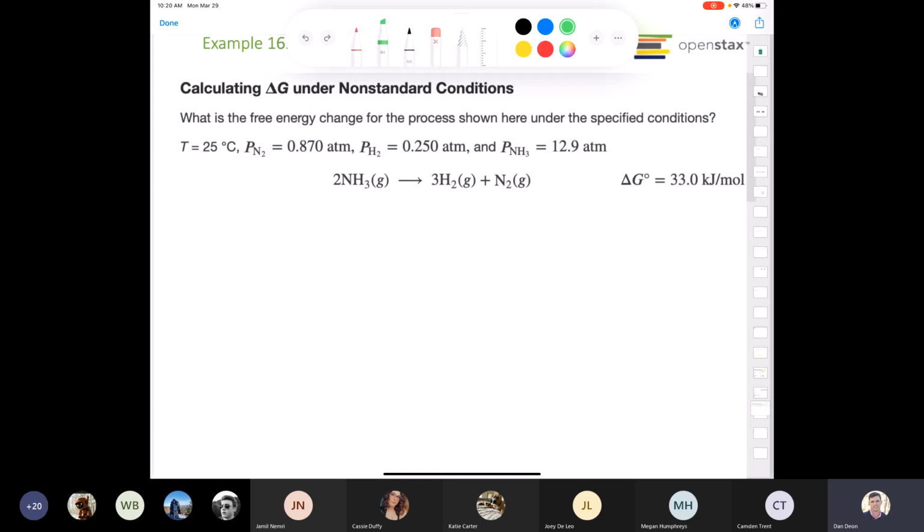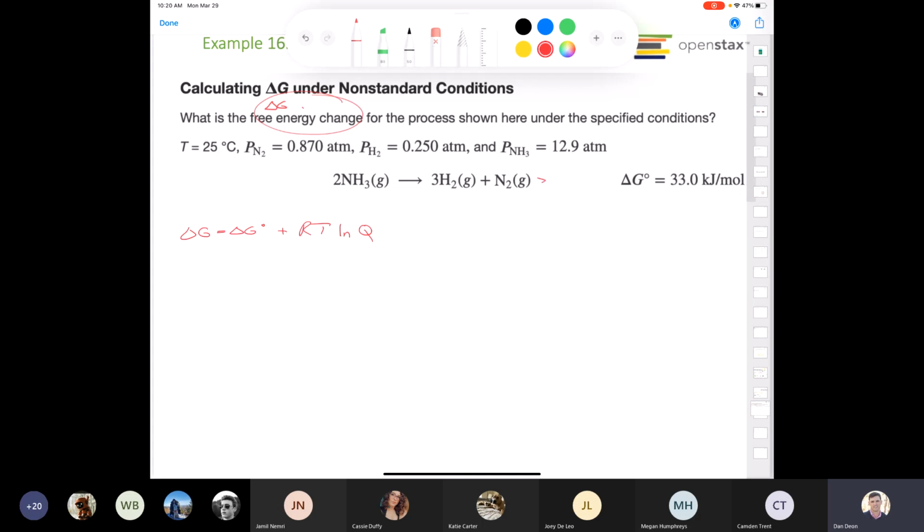All right, so let's take a look at a problem where we would apply this equation. Delta G is equal to the standard free energy change plus RT ln of Q. Here's the question. It says, what's the free energy change? So we're looking for delta G, not the standard free energy change. What's the free energy change for this process under the specified conditions?